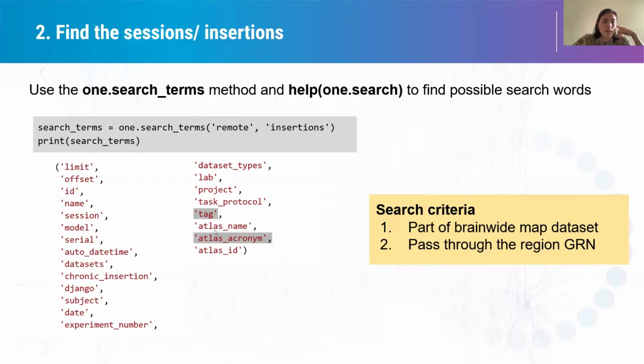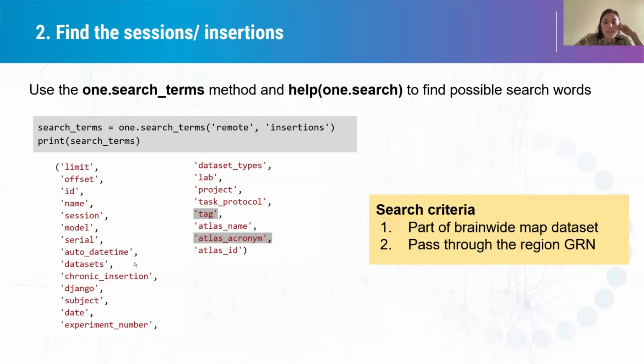Here, for example, we have the session, the subject, the dataset type, and help one.search gives you more information about each of these individual keyword arguments. It will describe to you what a subject is or what a data set type is.